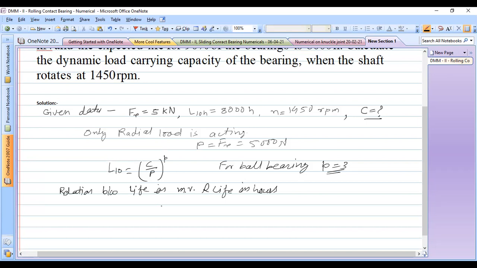Use the same relation here. We are converting life in hours to millions of revolutions. So we have the relation: L10 is equal to 60 into n into L10H upon 10 raised to power 6.